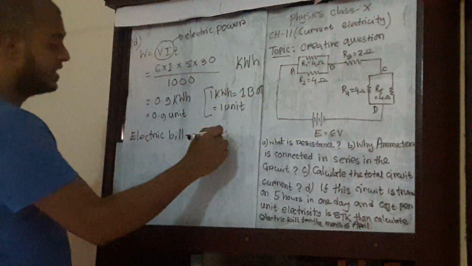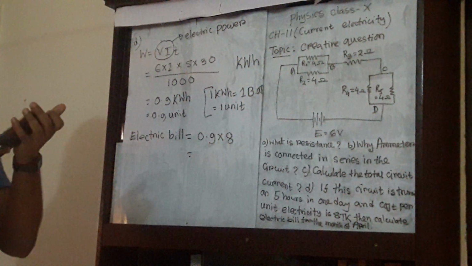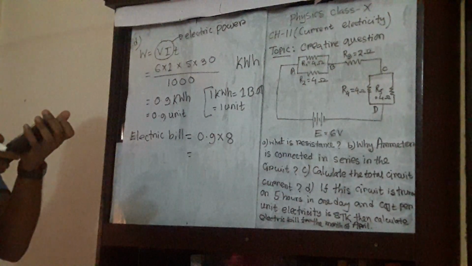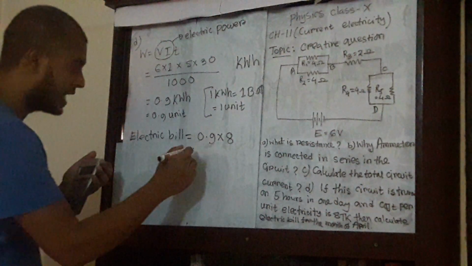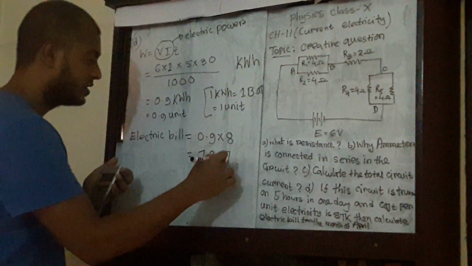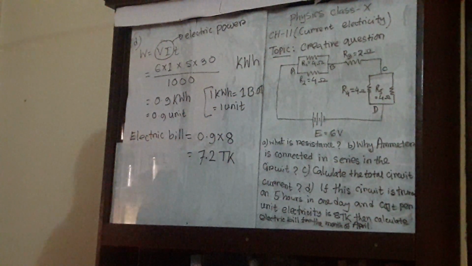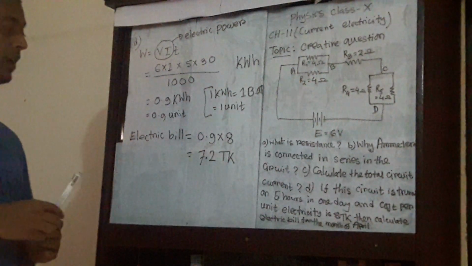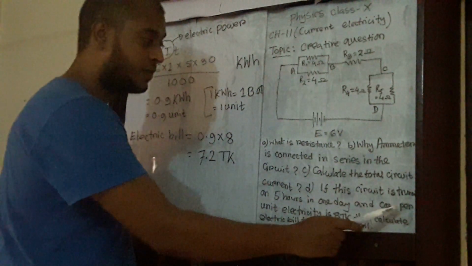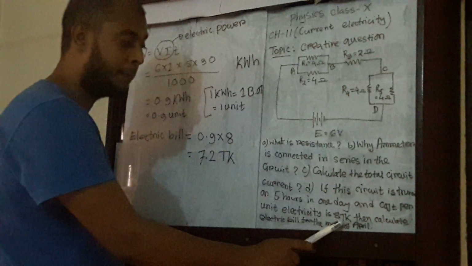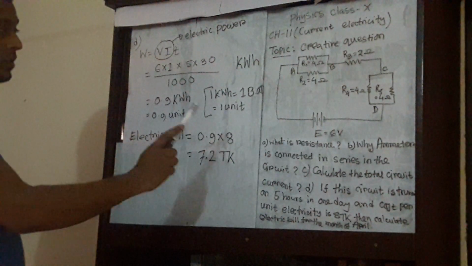So 0.9 multiplied by 8 is 7.2 taka. 7.2 taka will be paid for the month of April. Now I can say that if this circuit is turned on 5 hours in one day and cost per unit electricity is 8 taka, then the electric bill for the month of April is 7.2 taka.